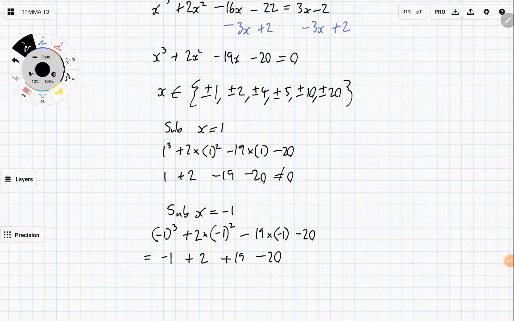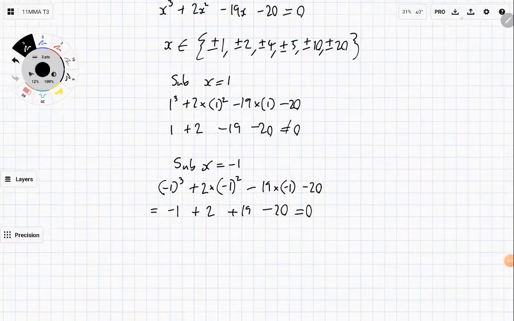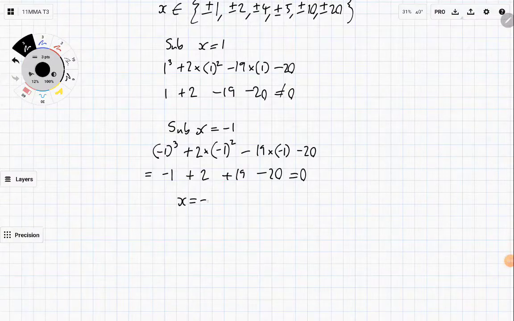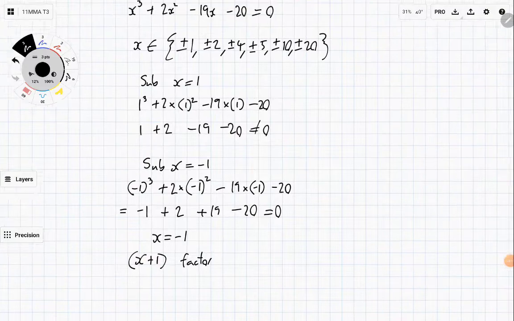Well, it's going to be close, but it looks like it just works. We get negative 21, positive 21, which all cancels out, which is equal to 0. Okay, therefore, x equals negative 1. Well, that means x plus 1 must be a factor. So we found our factor.